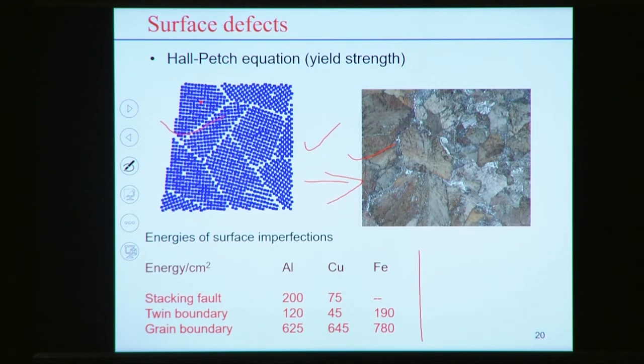So for example, in aluminium, the stacking fault energy per unit area is 200, the twin boundary is 120 and the grain boundary is 625. So grain boundary energy is the most involved here, and in most other materials also. If you look at the energy associated with the different surface defects, you can find that grain boundary energy is the largest amount of energy stored within the material itself.